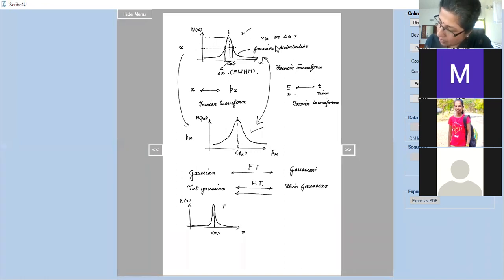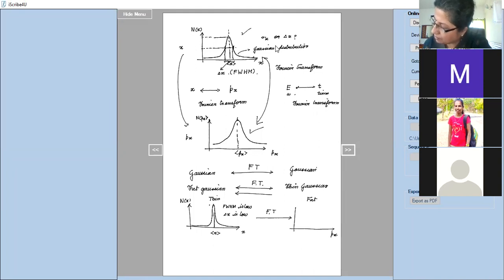It means that your FWHM is low, or your delta x is low, which means your uncertainty is low, correct? If you take a Fourier transform of that thin Gaussian, it will go to a fat Gaussian.